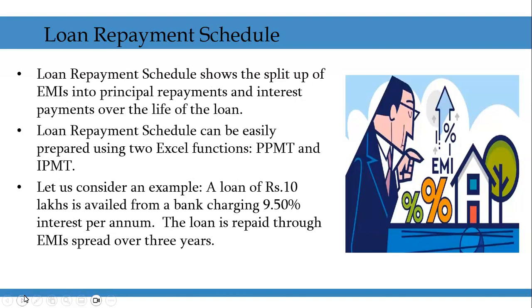Let us understand this using an example. So let's consider a loan of rupees 10 lakhs taken from a bank which is charging 9.5% interest per annum. The loan is repaid through EMIs spread over a 3-year period. So let us go to the Excel spreadsheet and see how to prepare loan repayment schedule.